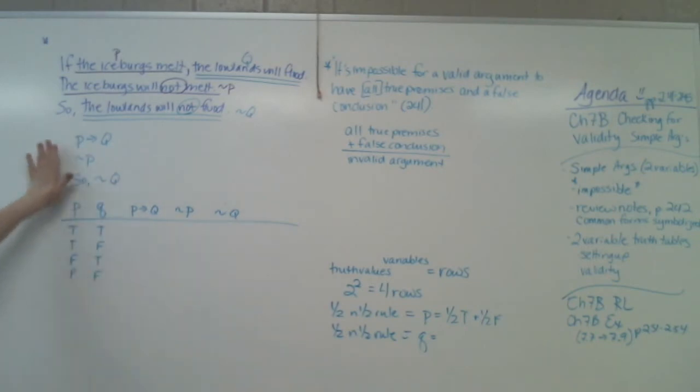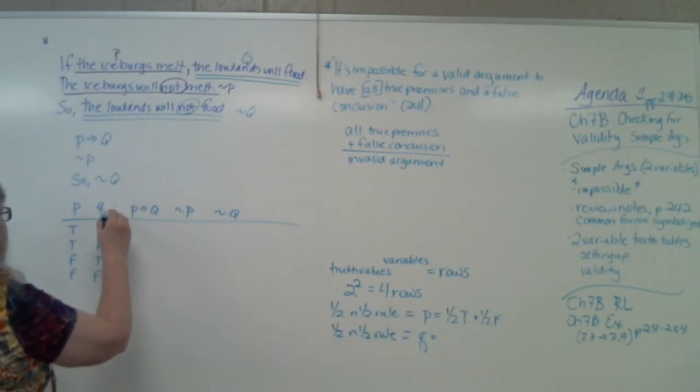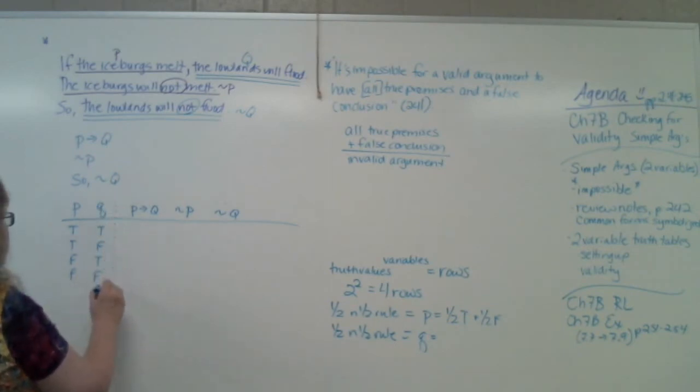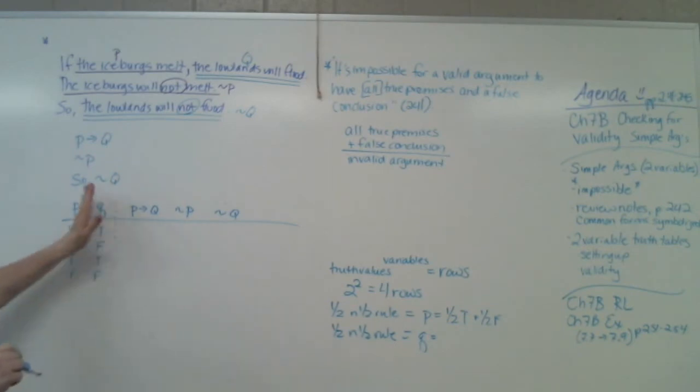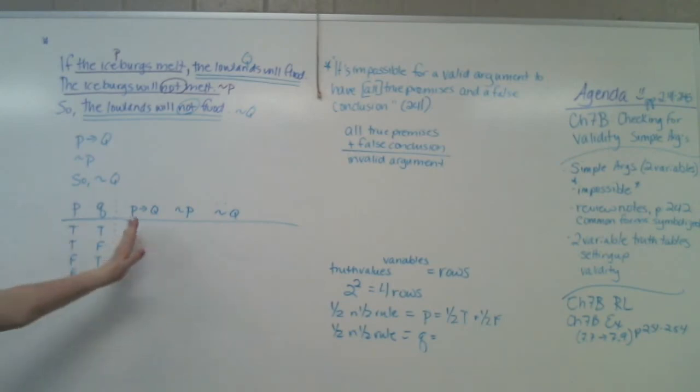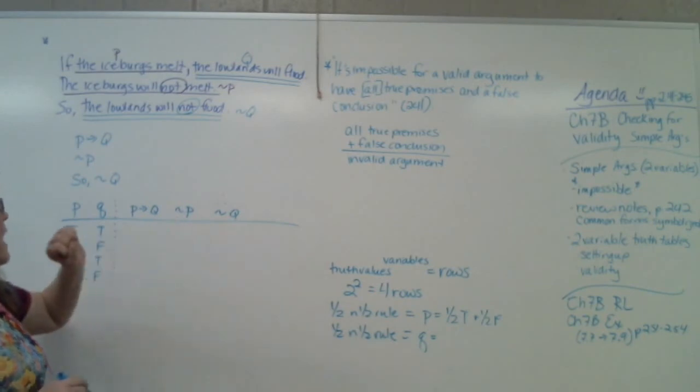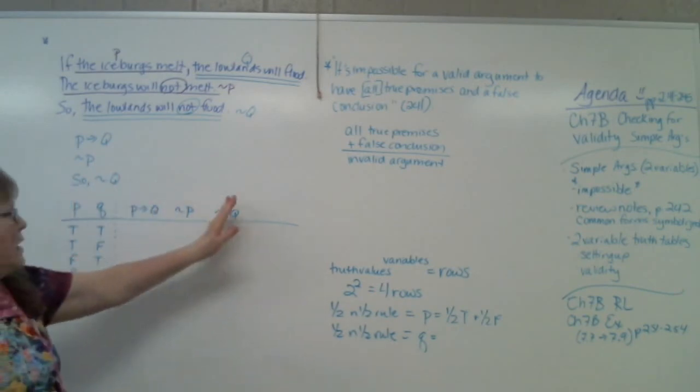Now, you'll notice up here, unlike the last one we did, P and Q don't show up by themselves as premises. So what I do, so I don't get confused, is I just do a little dot, dot, dot line. This part is my guide. Okay, that's how I'm going to find out what relationships these guys have. And then this part is my argument.